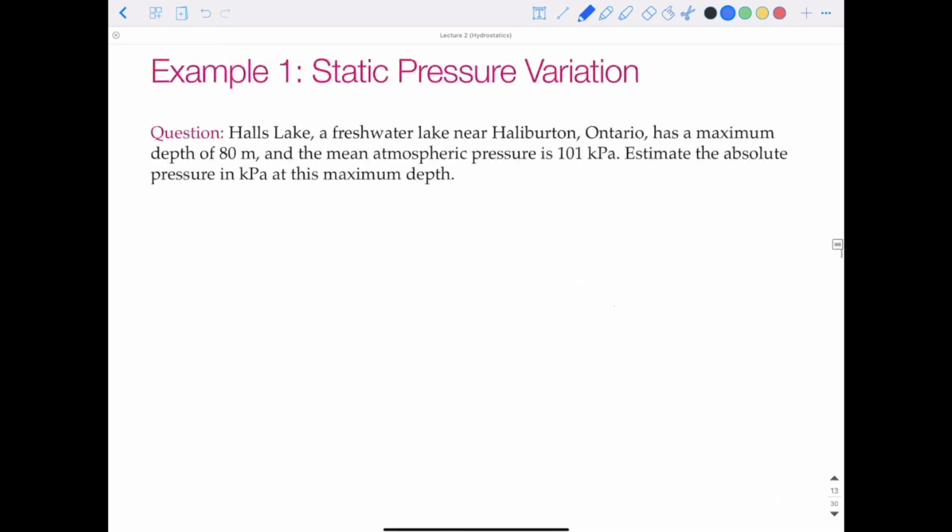So let's do a quick example on static pressure variation in a lake. Halls Lake, a freshwater lake in Ontario, has a maximum depth of 80 meters and a mean atmospheric pressure of 101 kPa. Estimate the absolute pressure in kPa at this maximum depth. So basically we have a lake.